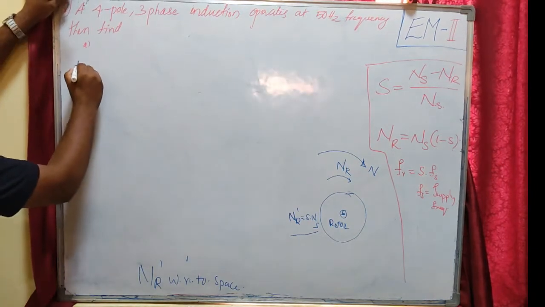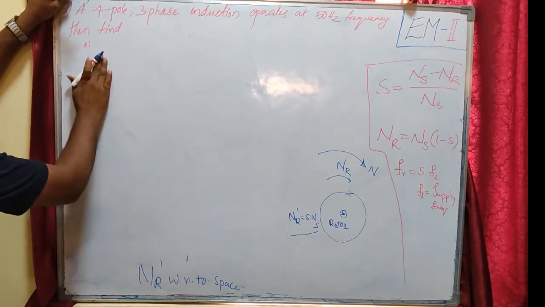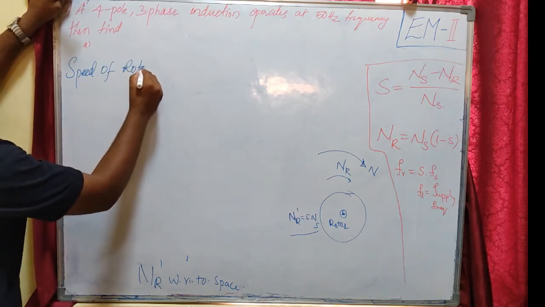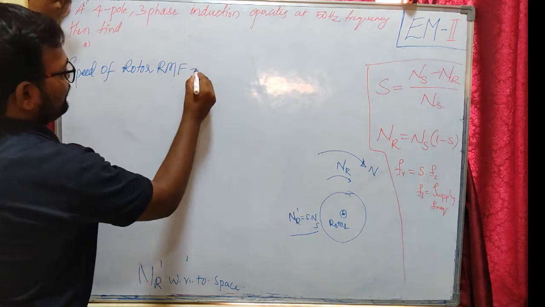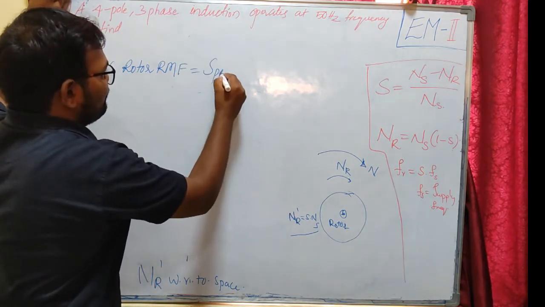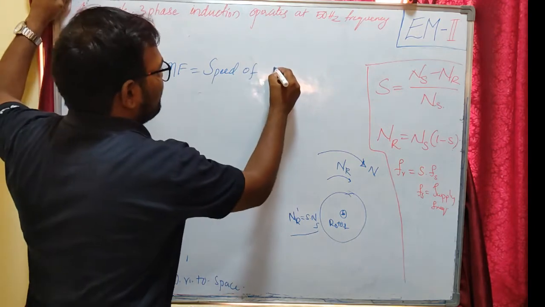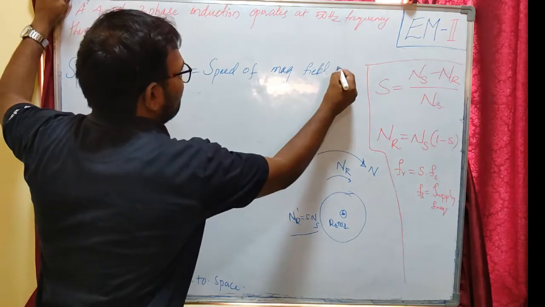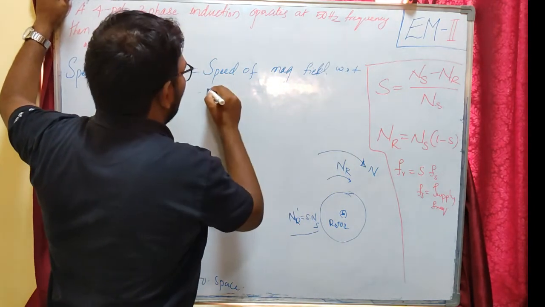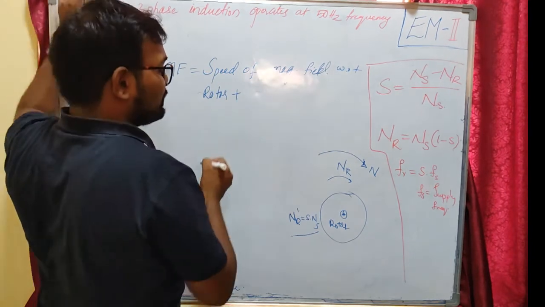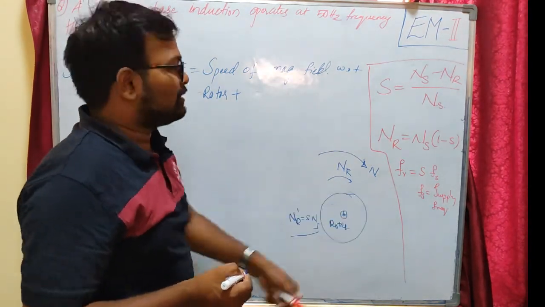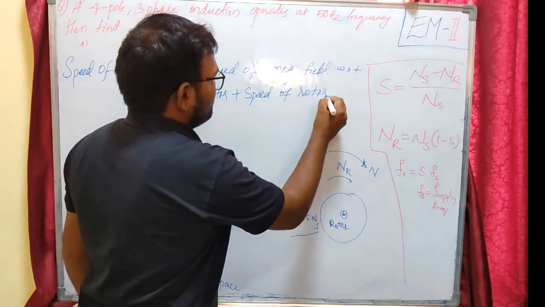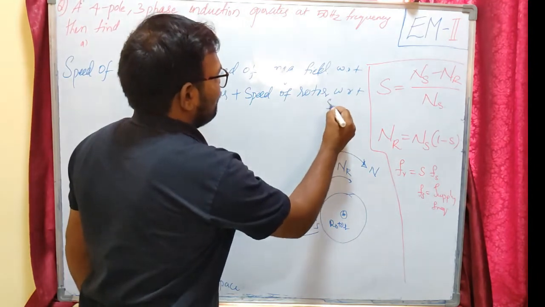That means the speed of rotor RMF is equal to the speed of rotor magnetic field with respect to rotor plus the speed of rotor with respect to space.